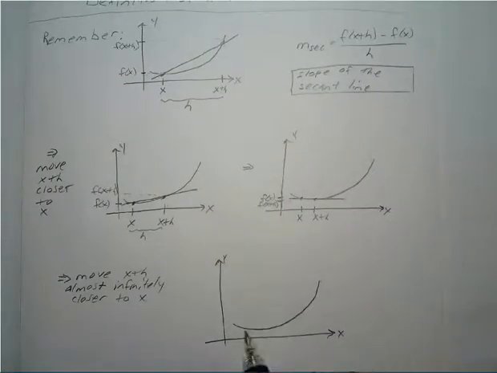This is our x here, and right infinitely close to it is our x plus h. So we have our f of x, now our f of x plus h. We'll see that that slope is now about right there, give or take.